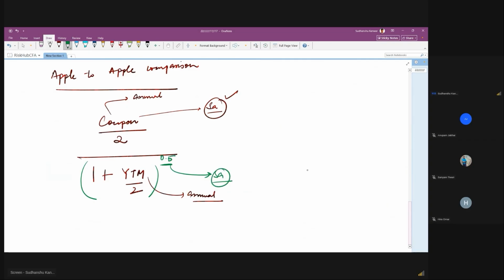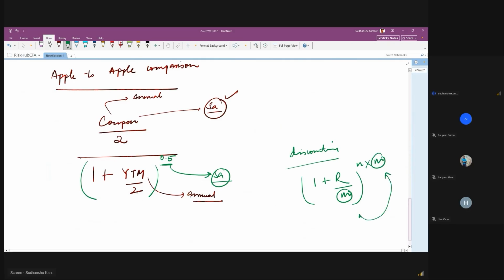But the logic which I told you last week in discounting was, please remember, whenever we are doing discounting and compounding, if we are dividing a rate by a discount factor, quarterly, monthly, semi-annual, always remember that you have to multiply the time period by that. This is the general principle, guys. If you are dividing here, you have to multiply by here.